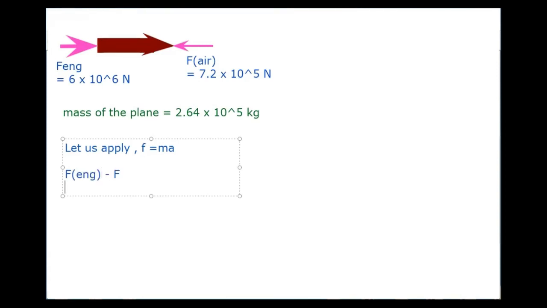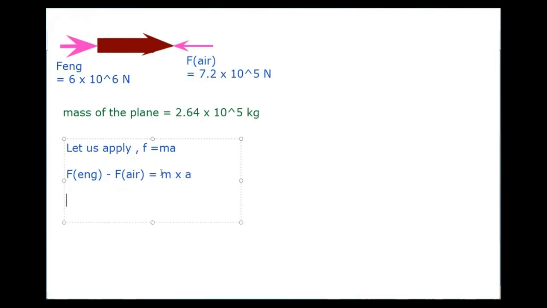The force given by air drag tries to stop the motion of the aeroplane. So the resultant force acting on the aeroplane in the moving direction is F_eng minus F_air. Is it clear for all? The mass is m, and acceleration is the thing that we want to find.